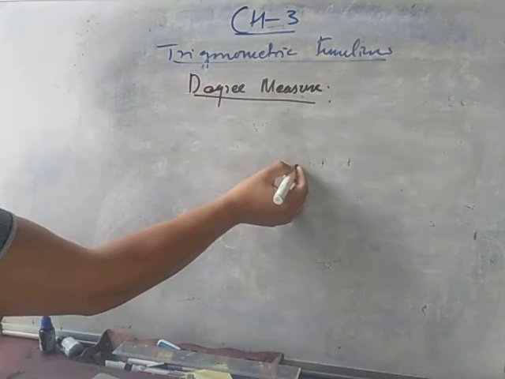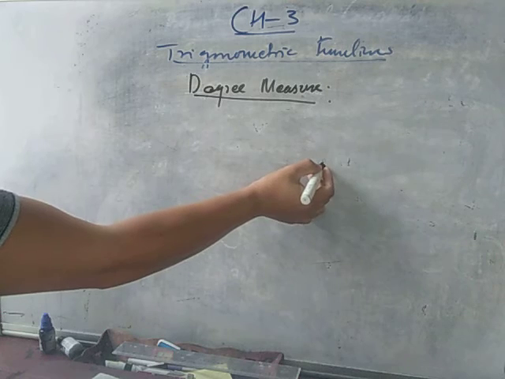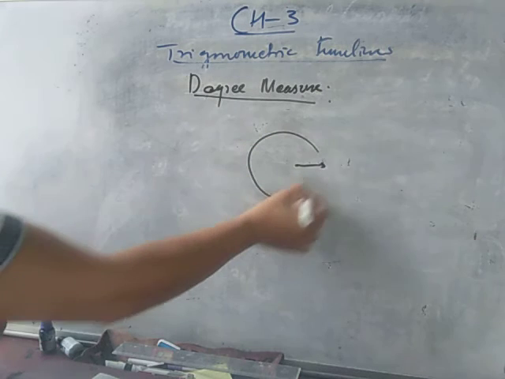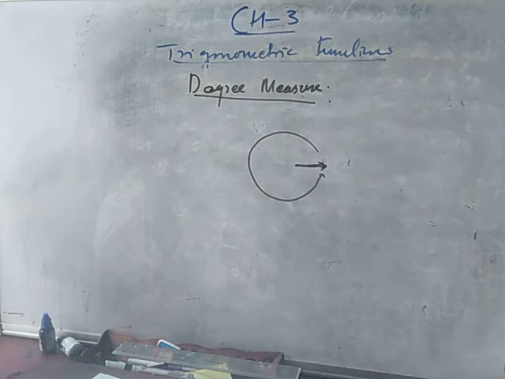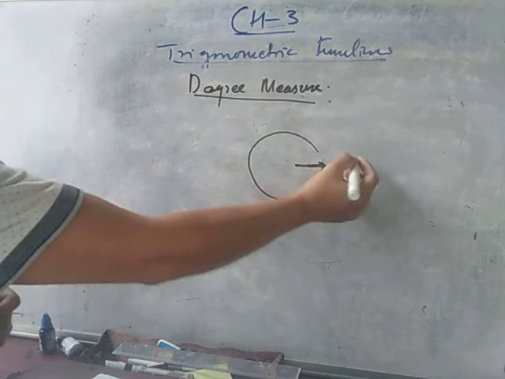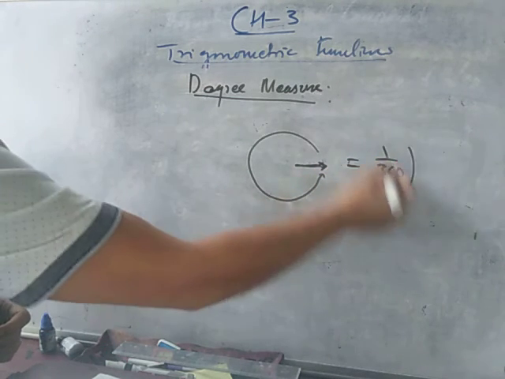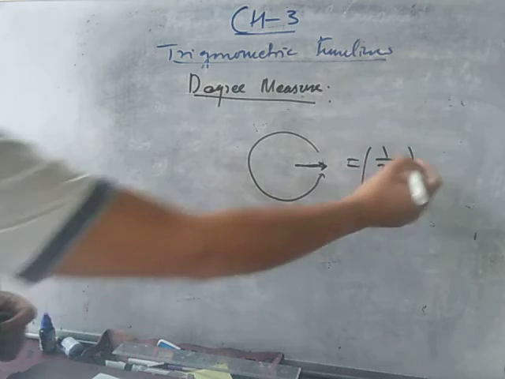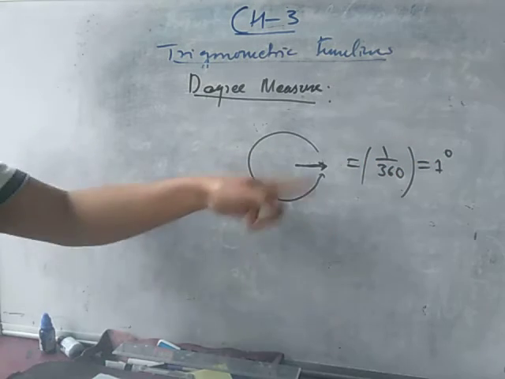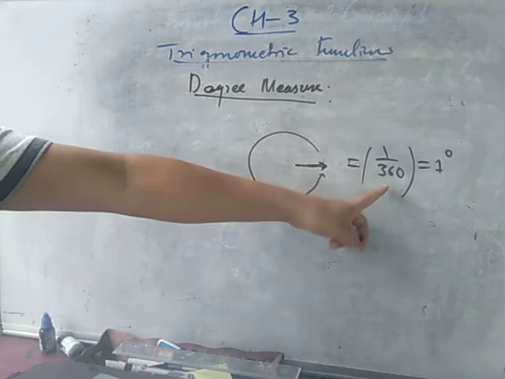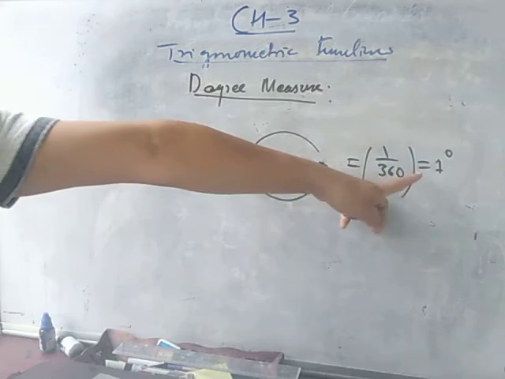So this is the initial point. If you go around and take one revolution and come to the same initial position, then 1 by 360th of this is your 1 degree, okay? Around a point we will make 360, so 1 of that 360 is your 1 degree.